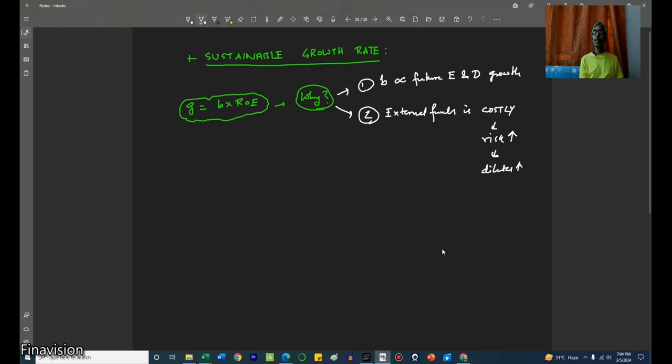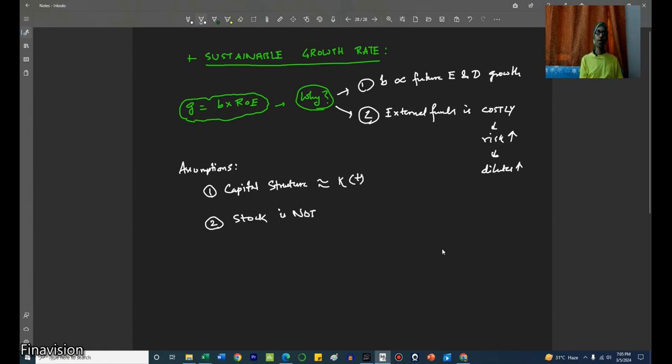Here there are a couple of assumptions behind this. One is the capital structure is constant, more or less constant over time. Second is stock is not issued.